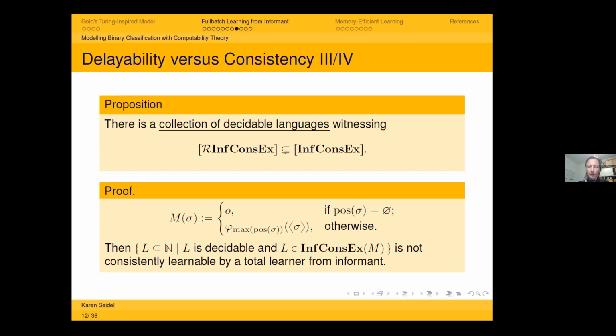And then the collection of languages that I claim is not consistently learnable by a total learner from Informant is the collection of all decidable languages that is consistently learnable by this learner.